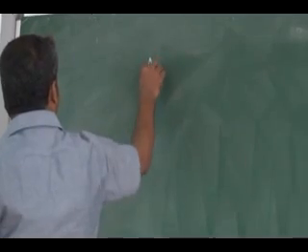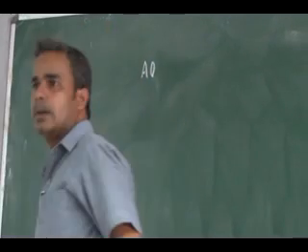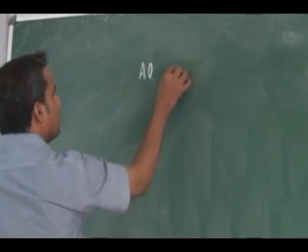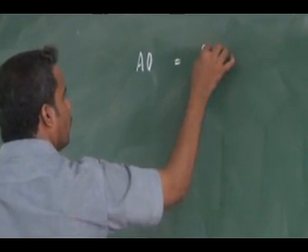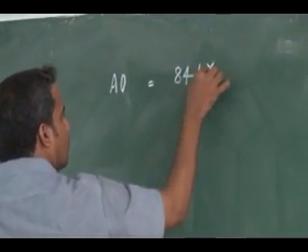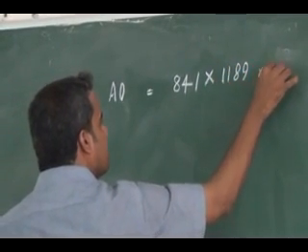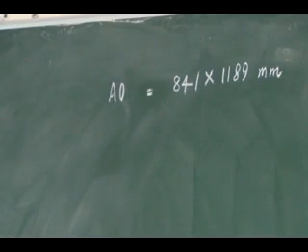The drawing sheet starts from A0, with standard sizes. The A0 size drawing sheet dimension is 841 by 1189, in mm.